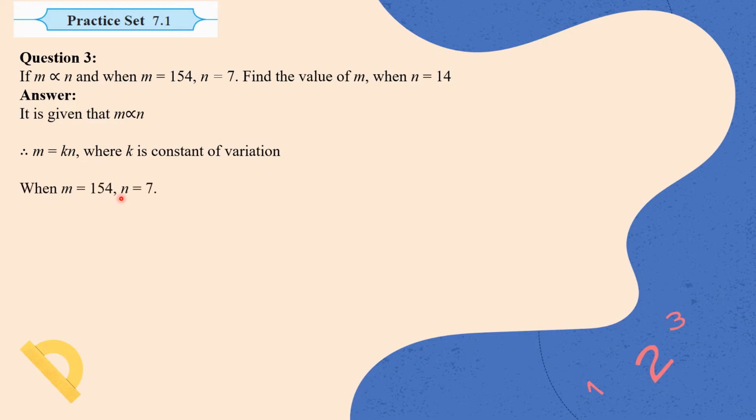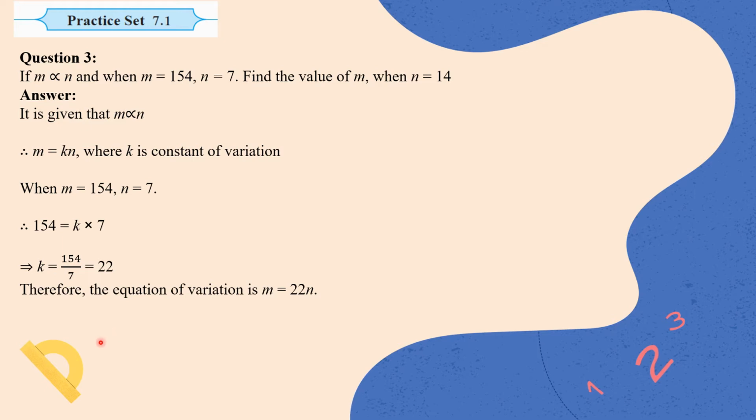So substituting in the above equation, m is 154, k has to be found out, n is equal to 7. Now if we divide both sides by 7, we get k is equal to 22. Therefore, the equation of variation is m is equal to 22n. So in this equation, we have substituted the value of k, which is 22.